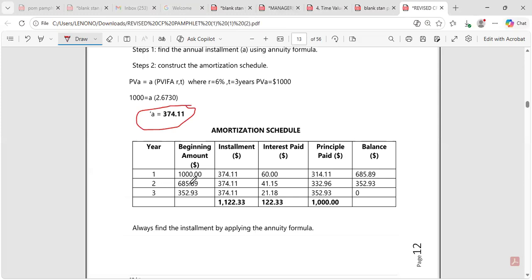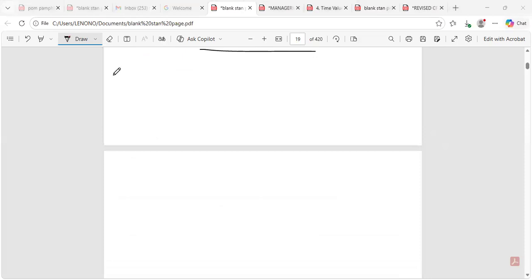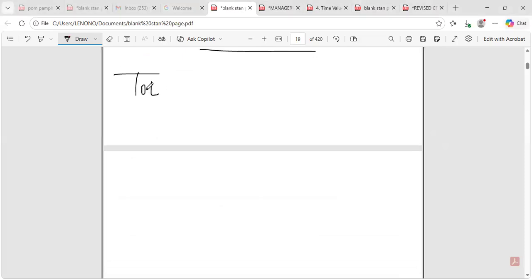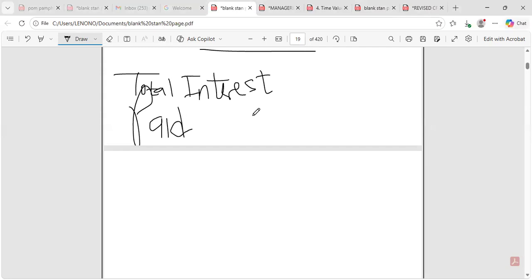Yes, that's clear. Then the total interest paid now. Total interest paid is N times the repayment minus the amount.